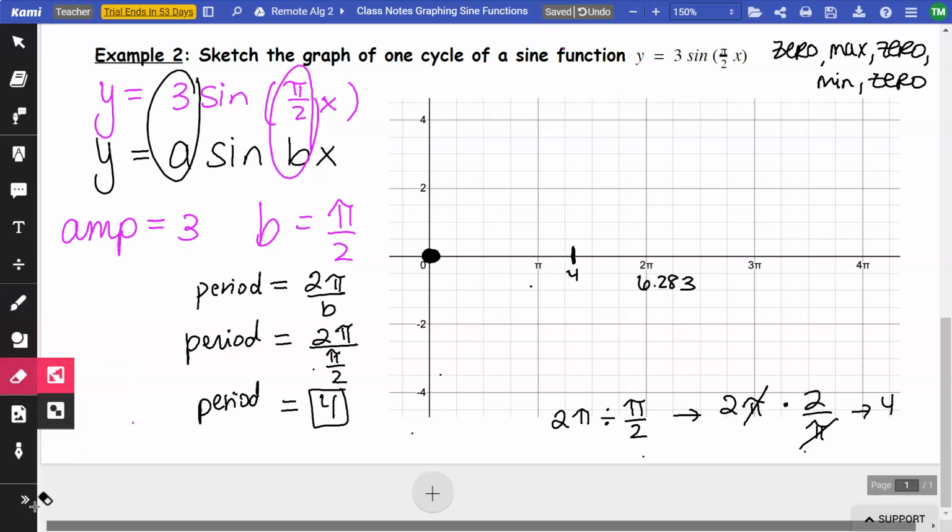So then halfway between 0 and 4 has to be our other 0. So halfway between these two would be about, let's see, 2. So about here.